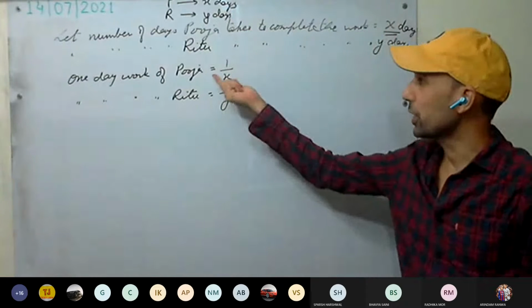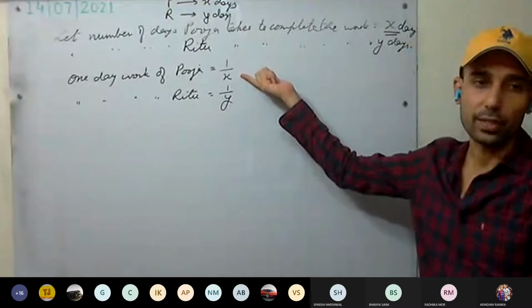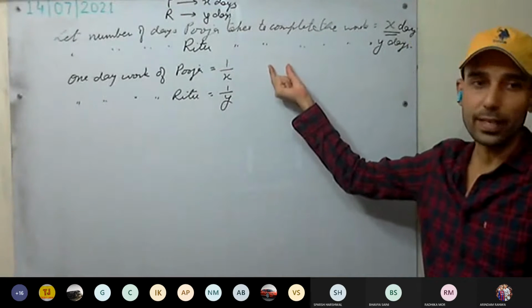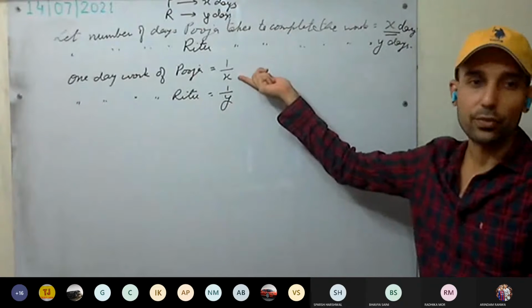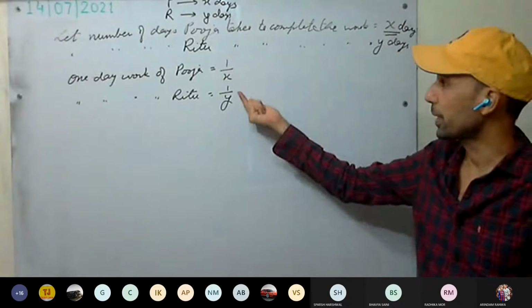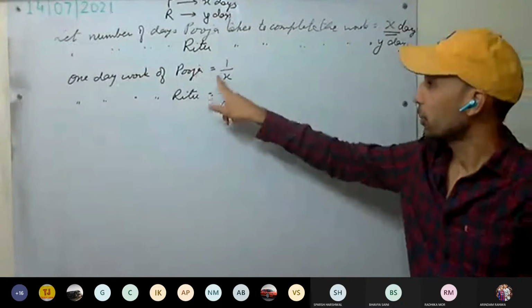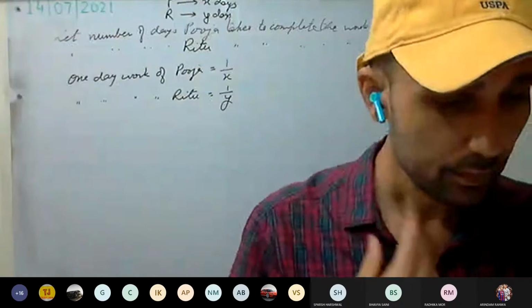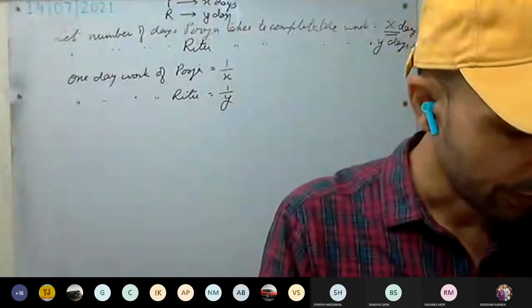So each day Pooja is doing 1 by X part of the work. The work we have taken as 1, so 1 by X of the work is completed by Pooja, and 1 by Y of the work is completed by Ritu in 1 day. Is this clear? This is their 1 day work.